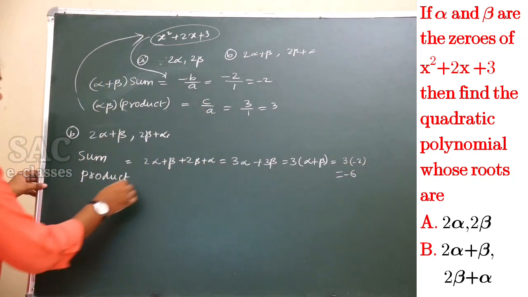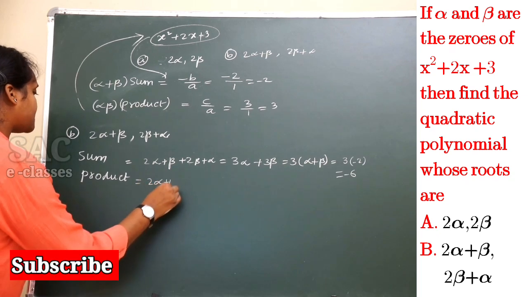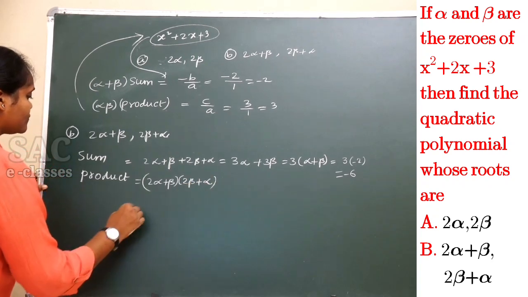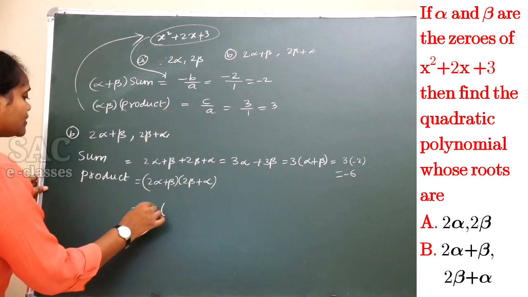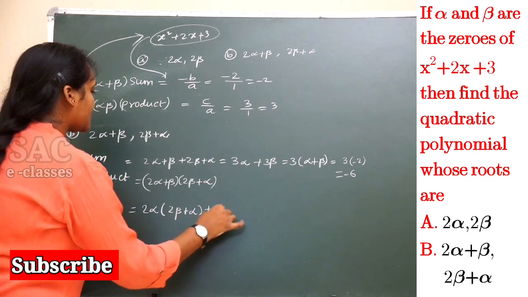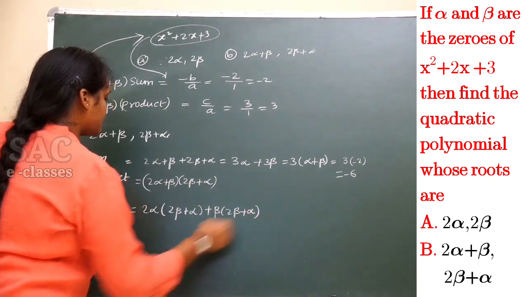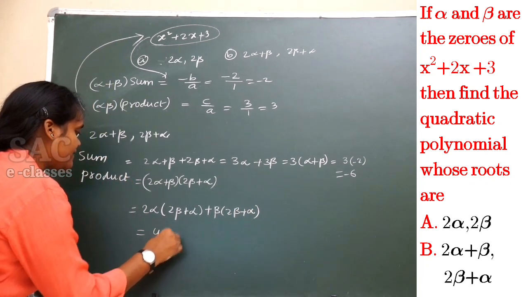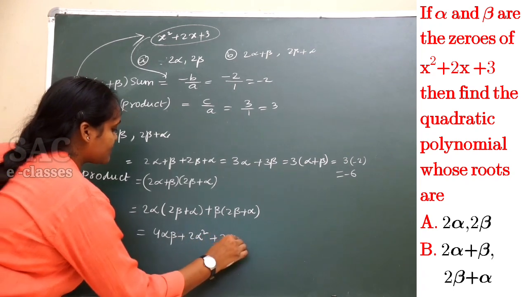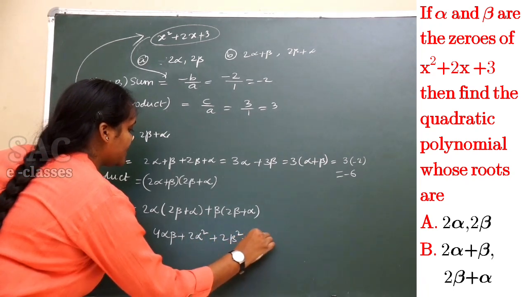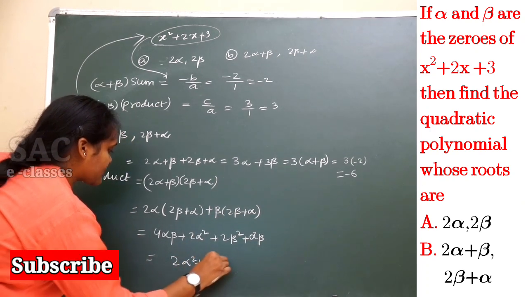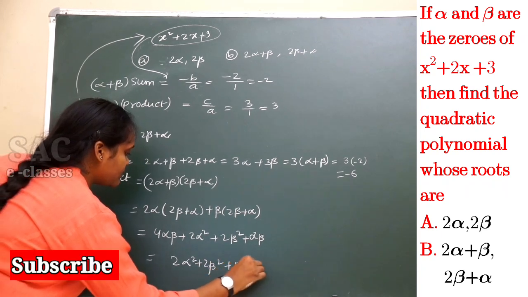Now I need the product also. Then 2 alpha plus beta into 2 beta plus alpha, the product. Let's multiply by splitting: 2 alpha into 2 beta plus alpha, plus beta into 2 beta plus alpha, which is 4 alpha beta plus 2 alpha square plus 2 beta square plus alpha beta, which is 2 alpha square plus 2 beta square plus 5 alpha beta.